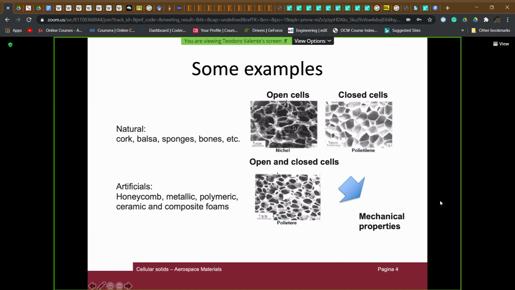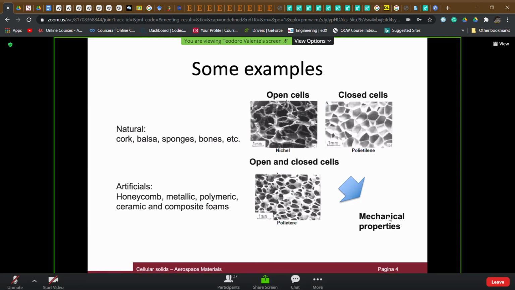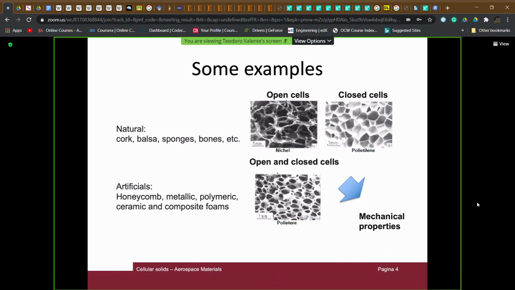And then obviously we can also have the combination of open cells and closed cells, that is the mixed situation, and the possibility to fabricate all open cells or all closed cells has an impact on the mechanical behavior, that is, on the mechanical properties of the cellular solids.